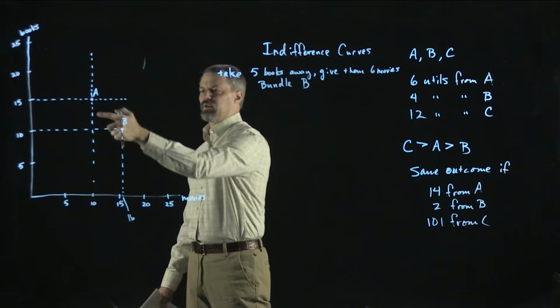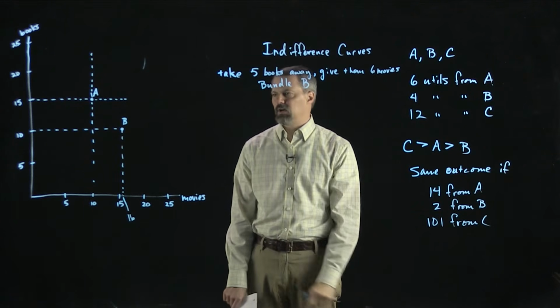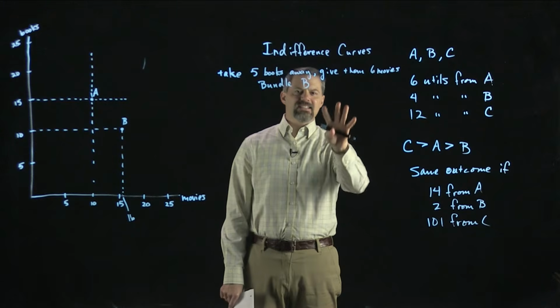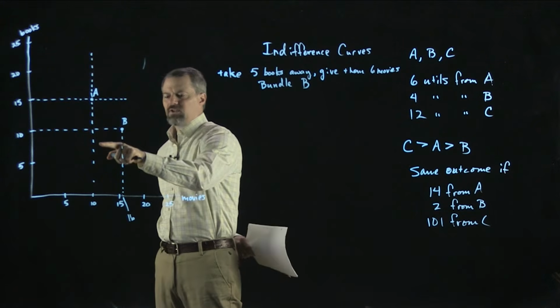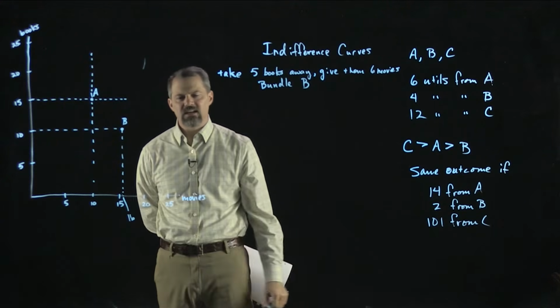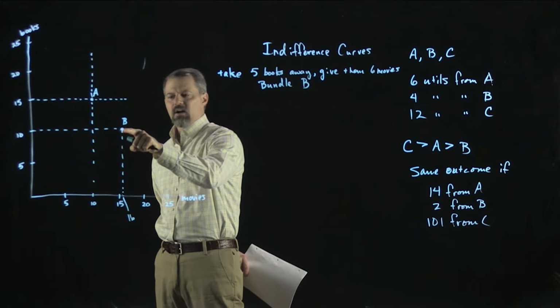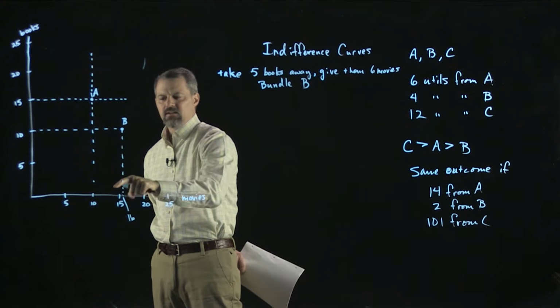We've taken away some books, but we've given them enough movies to leave them just as happy as they were before. But now notice what this allows us to do. This allows us to talk about a whole bunch more bundles that we couldn't have discussed before when we just had point A. We can now compare any of these bundles down here.